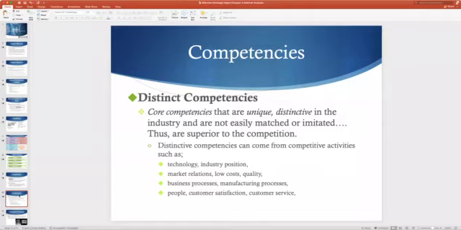Distinct competencies can come from competitive activities such as the firm's technology and technology development, creativity in technology, advancements in technology, the firm's position in the industry, market relations, how that firm is positioned in that market. Does it have exceptional brand name recognition? Low costs.